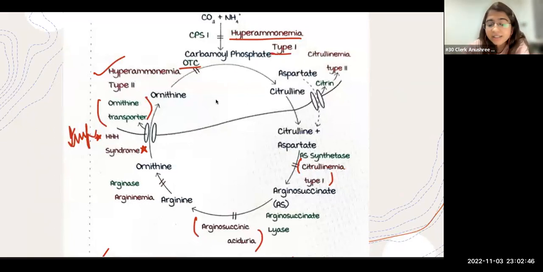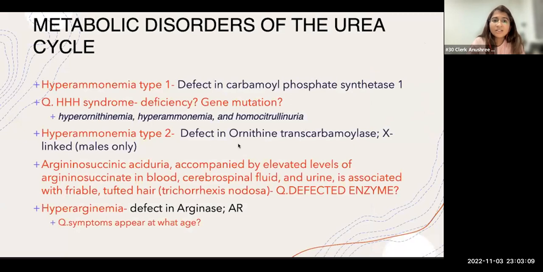Since there is no ornithine, it keeps on combining with lysine, and keeps on giving us homocitrulline. So the homocitrulline levels will keep on rising, giving us the homocitrullinuria. And homocitrulline can be excreted in the urine, hence it's nuria. Is everyone clear with that? Did you guys know that?